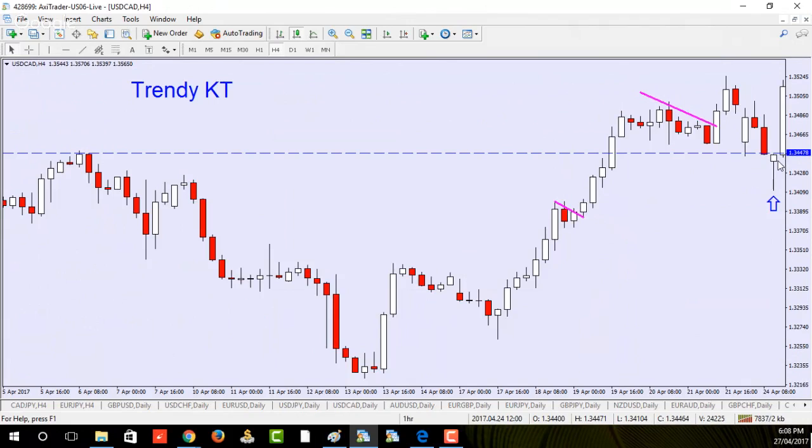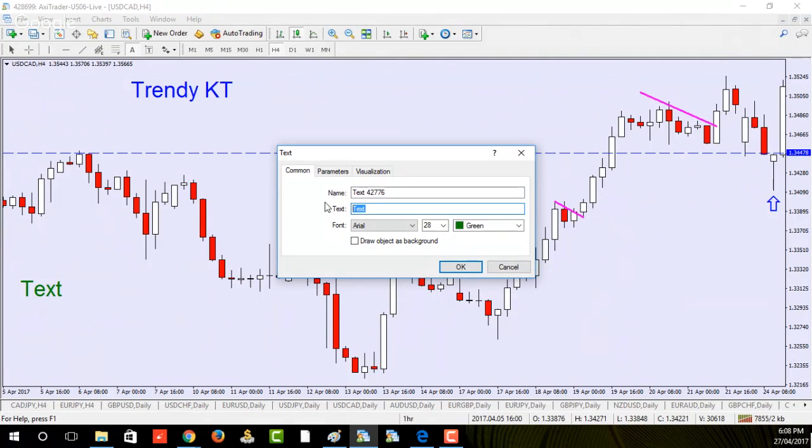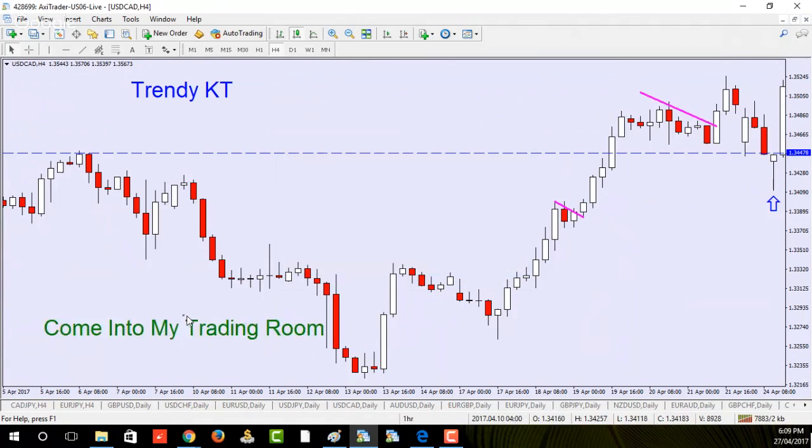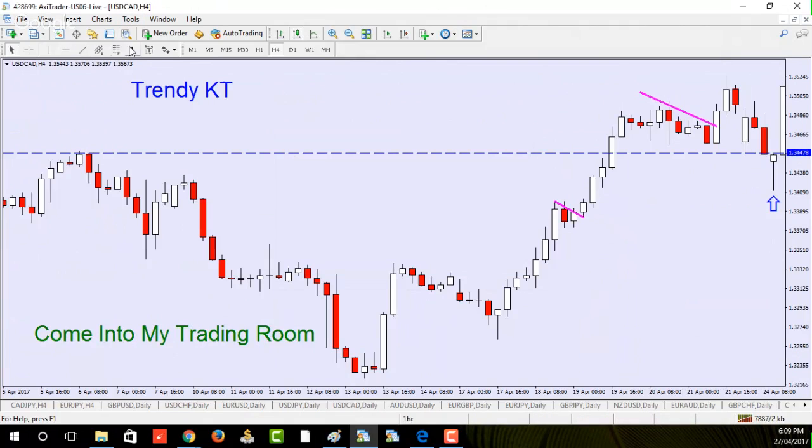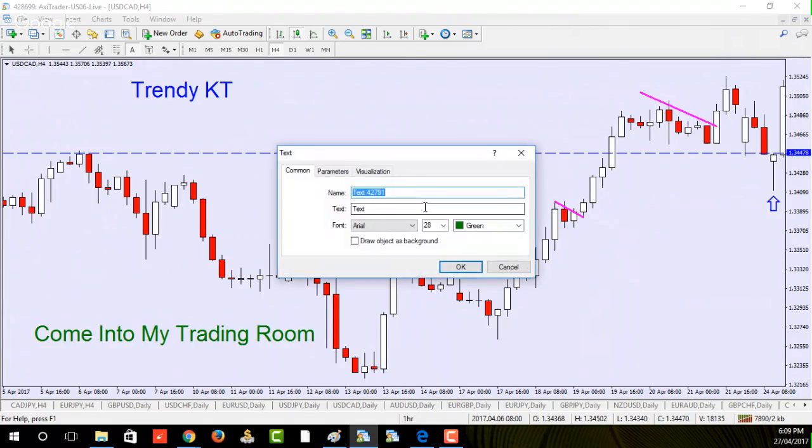in case you've never heard the term kangaroo tail, which is one that I found in the book Come Into My Trading Room by Alexander Elder. There's a small paragraph on kangaroo tail.